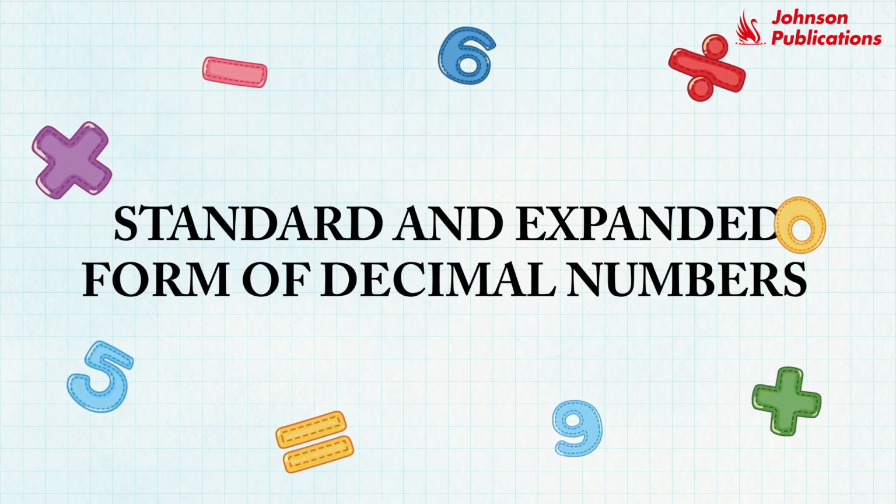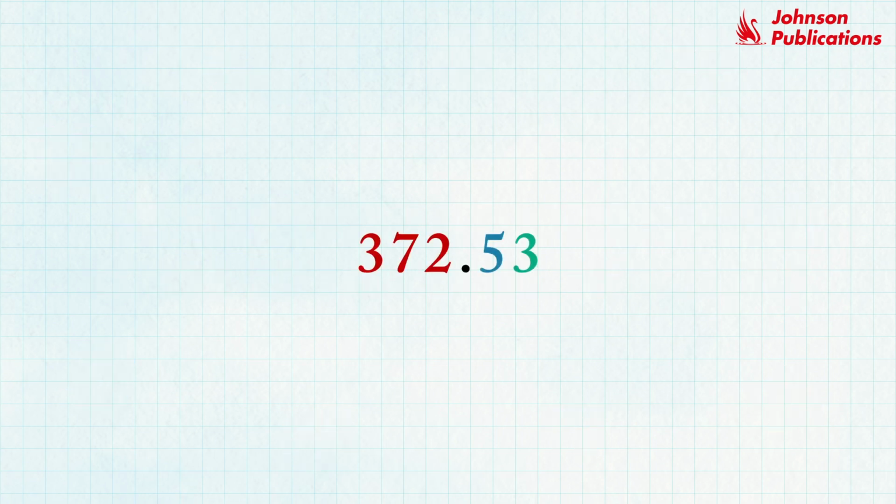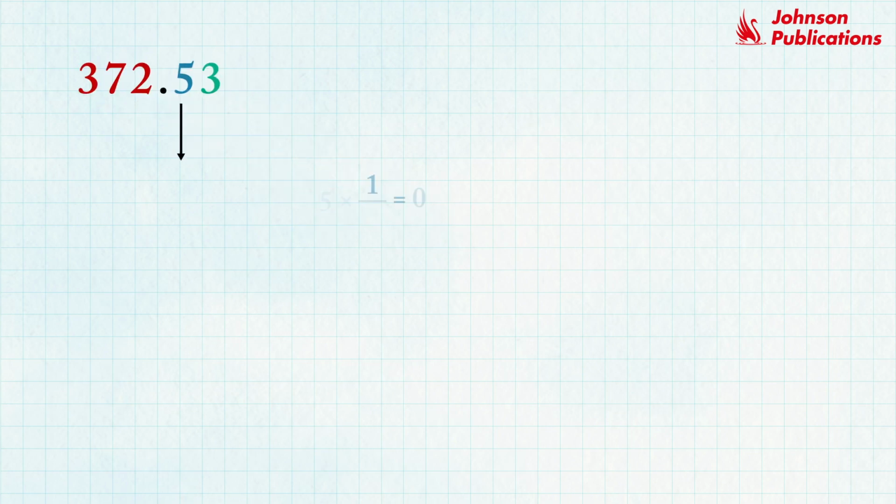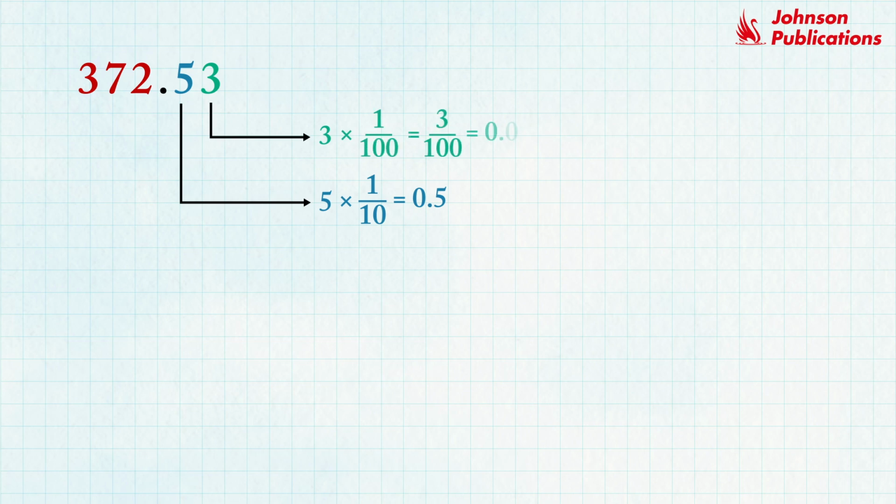Standard and expanded form of decimal numbers. Look at this decimal number. The place value of 5 is 5 times 1 by 10, which is equal to 0.5. The place value of 3 is 3 multiplied by 1 by 100, which is 3 by 100 or 0.03.